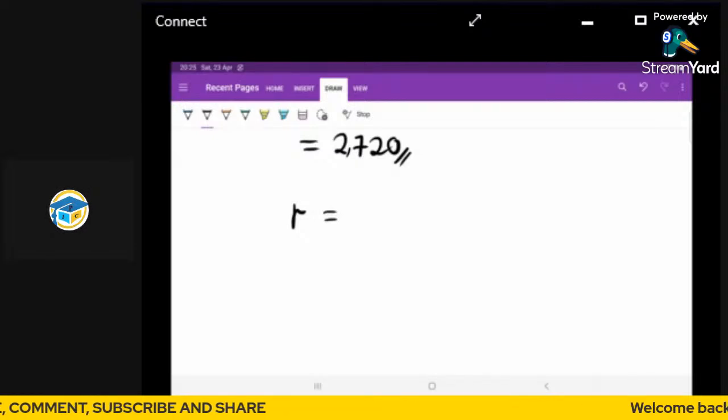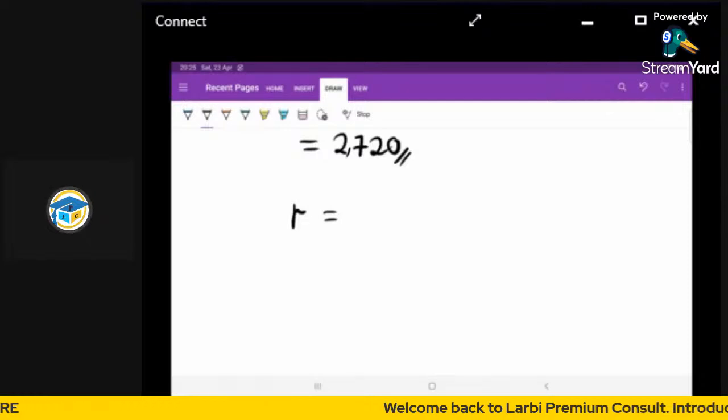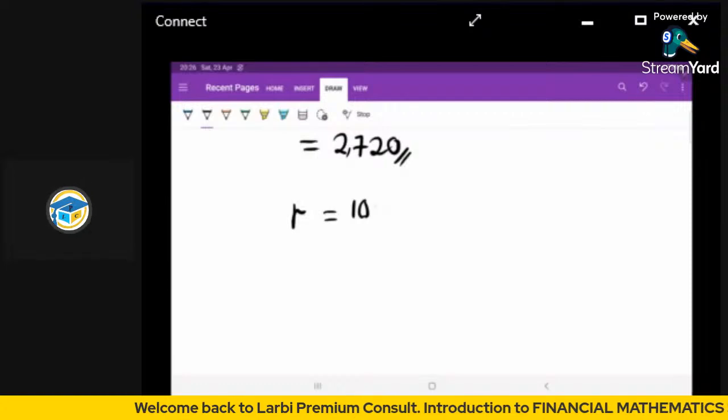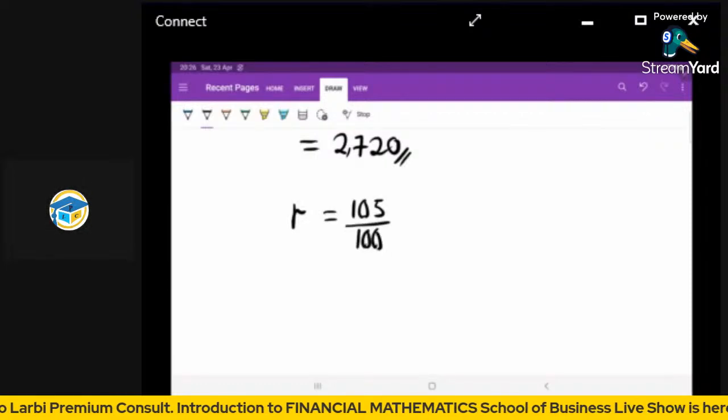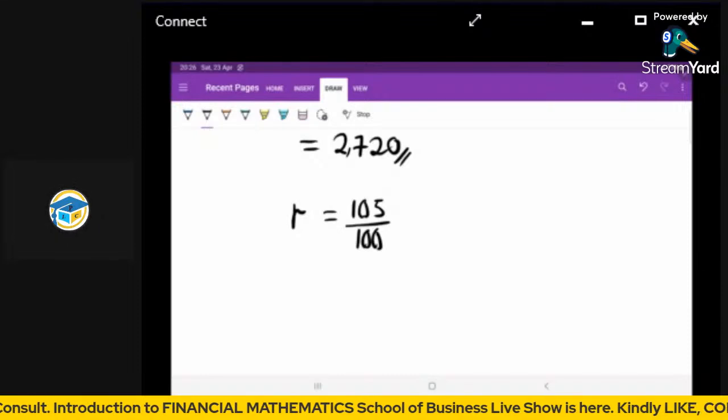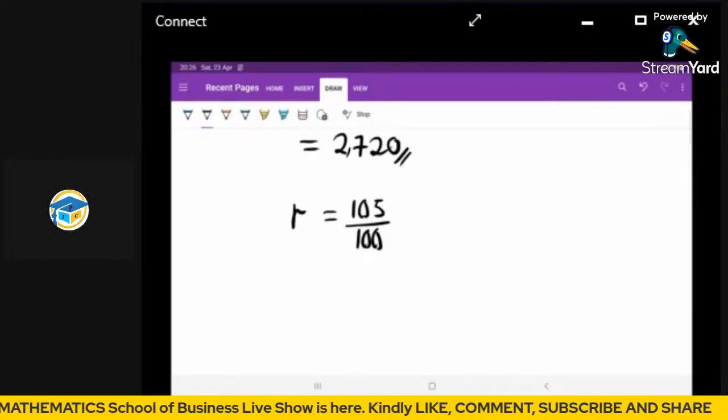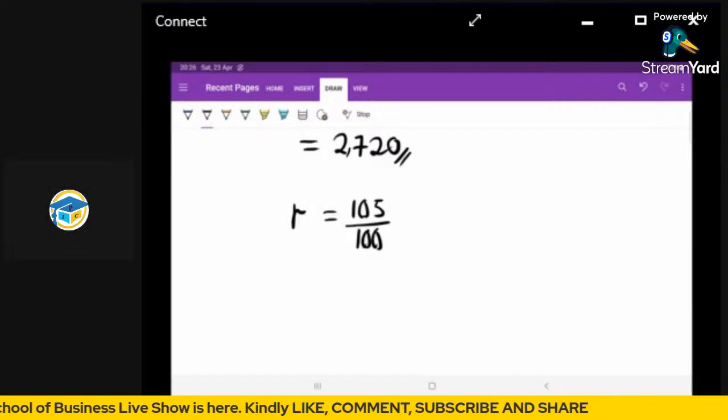How do you find the common ratio? The common ratio is the increase that you add to 100%, and then divided by 100. So if you have the percentage increase to be 5%, that is the goal.